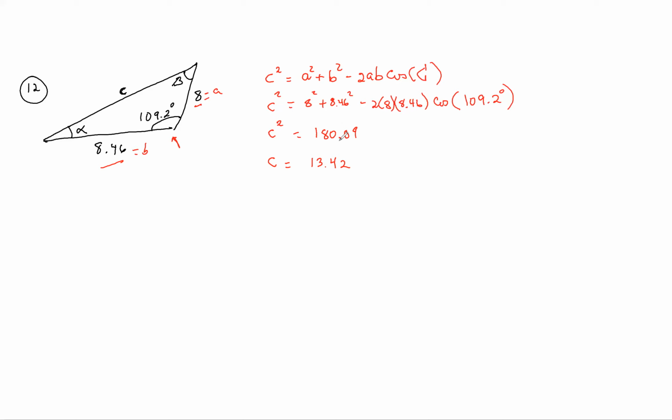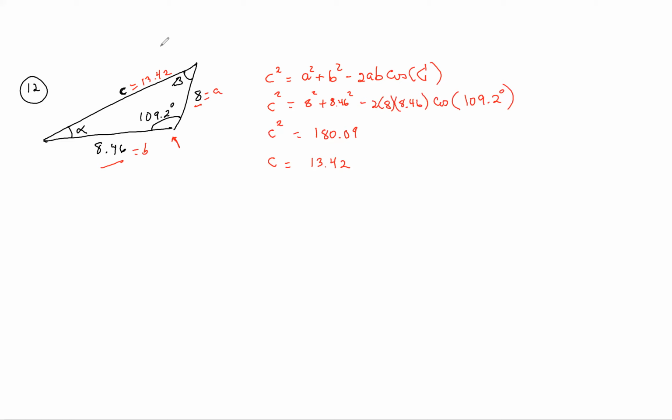I found already C, but we got two angles that are missing. And we know this one is equal to 13.42. Maybe I decide to find alpha. There's no rule.